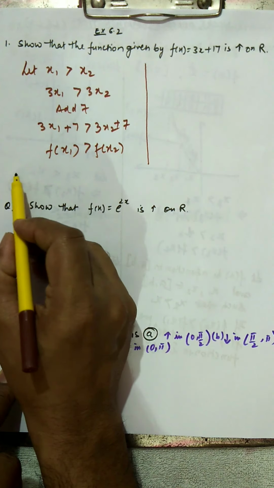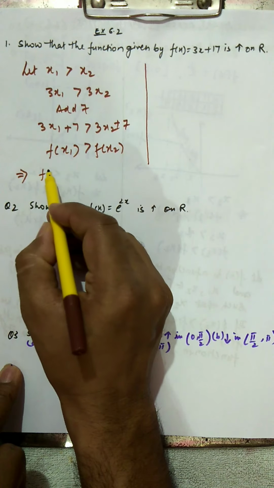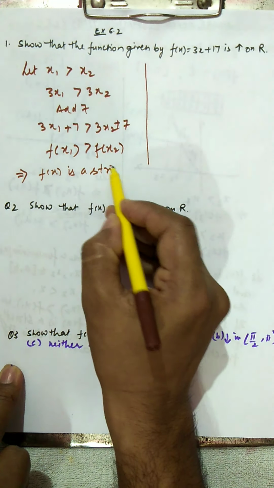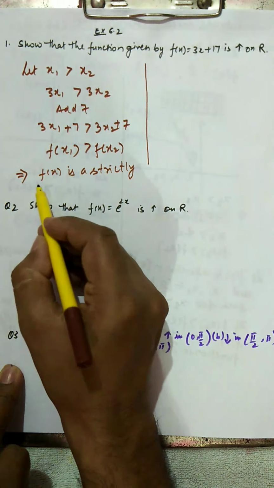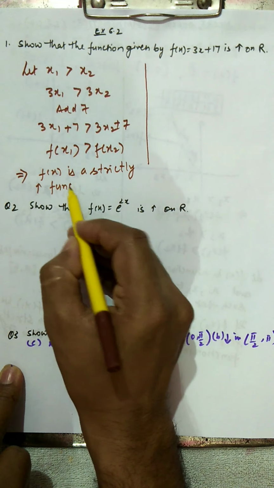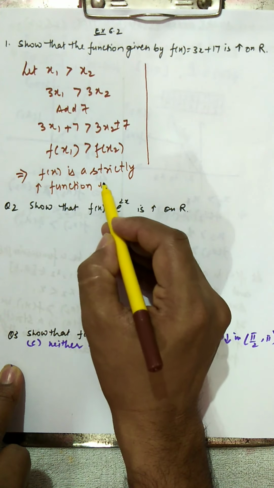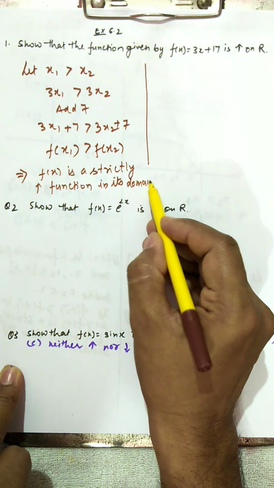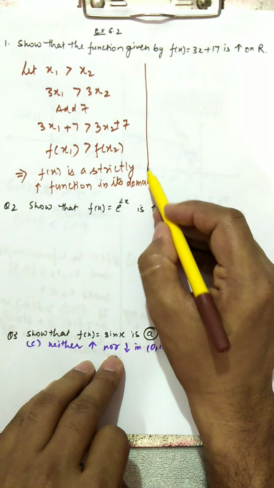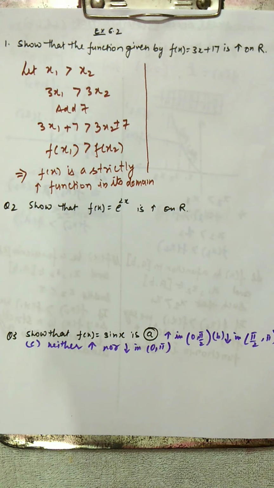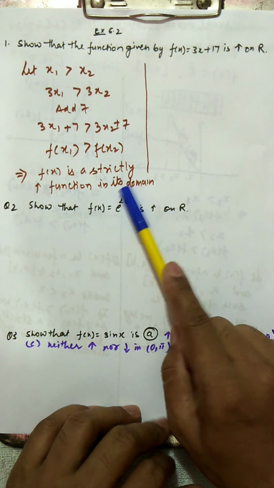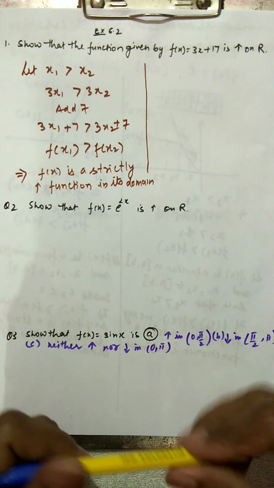So you can say that f(x) is a strictly increasing function in its domain, and the domain here is R. So this is your first way to decide whether a function is strictly increasing or strictly decreasing.